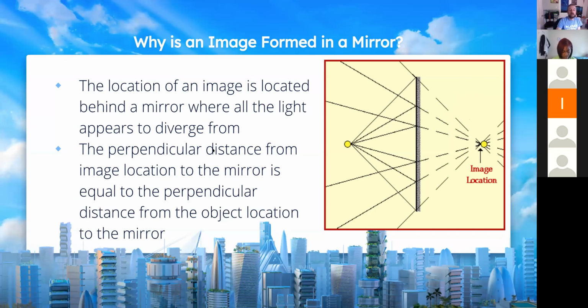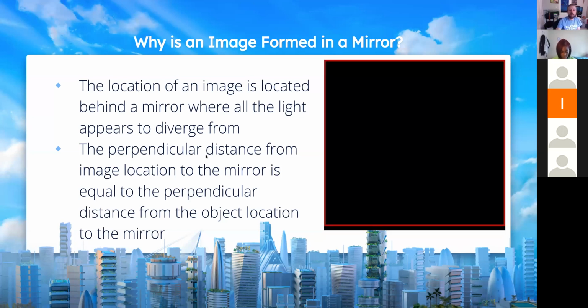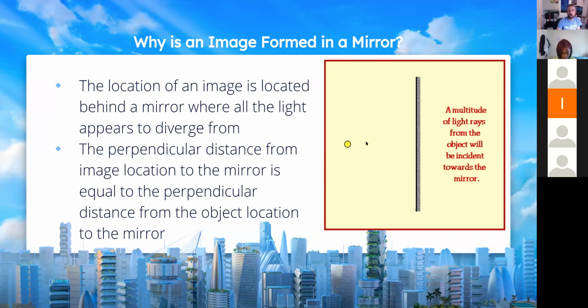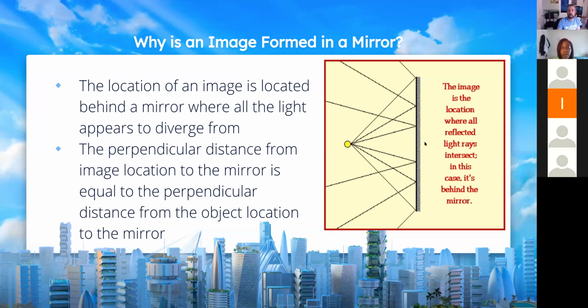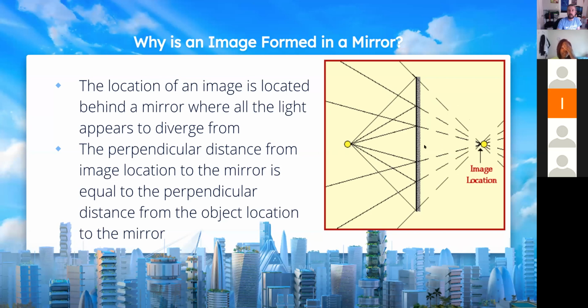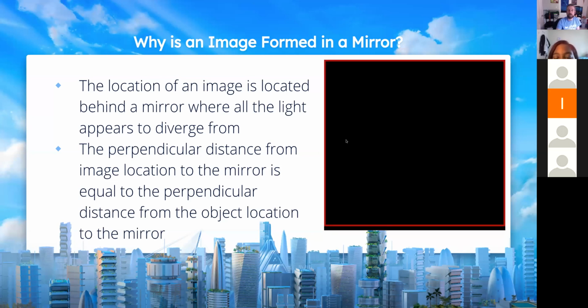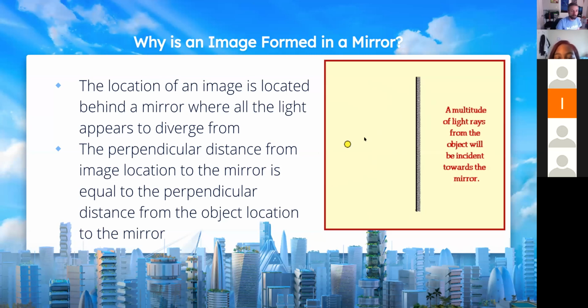So the perpendicular distance from the image location to the mirror, that normal line, is equal to the perpendicular distance from the object location to the mirror. So where we see this image back here when it shows up in this animation is equal to this distance. Those two distances are equal, drawing that normal line.